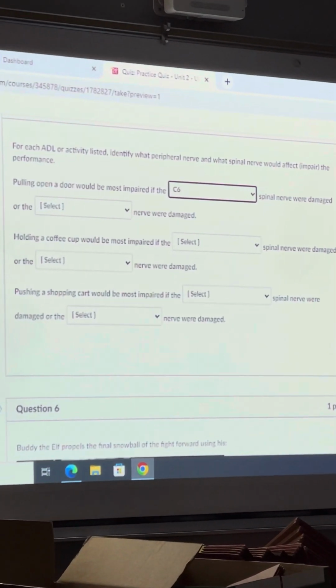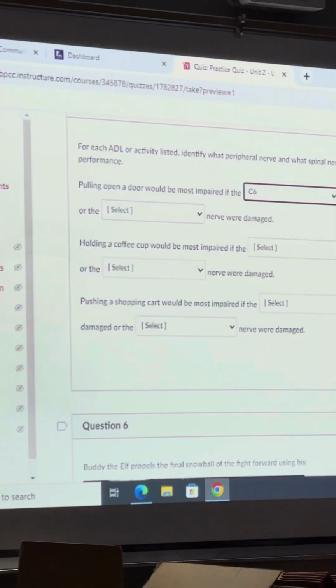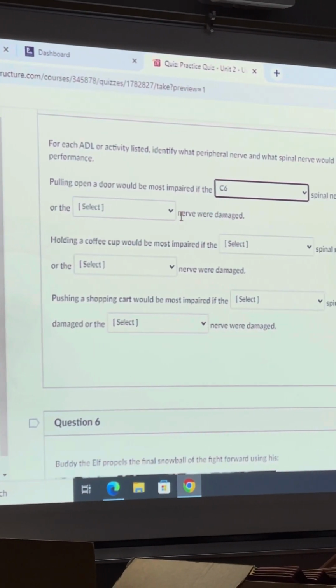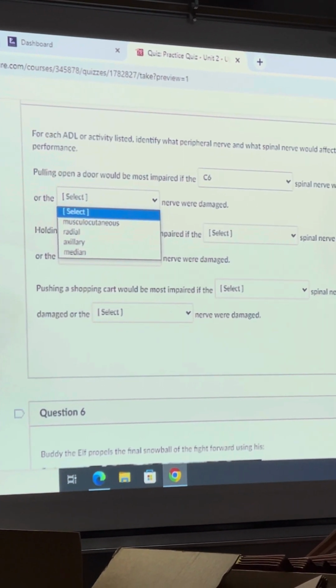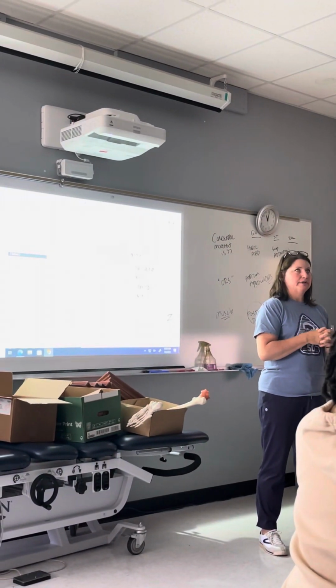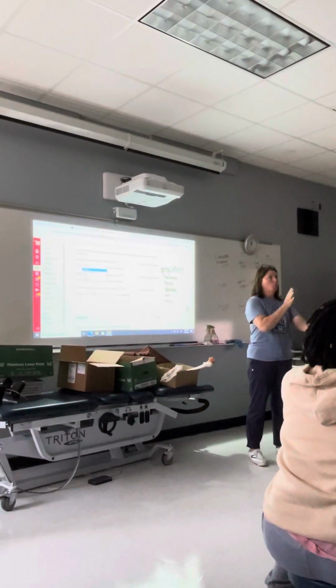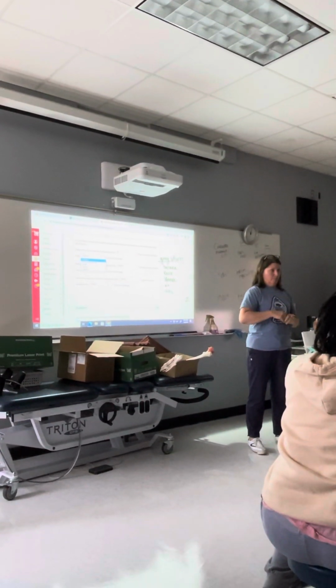In terms of peripheral nerves that have names like radial, median, musculocutaneous, axillary, of those nerves that are listed, which is the one you associate most with the elbow flexors? Median?